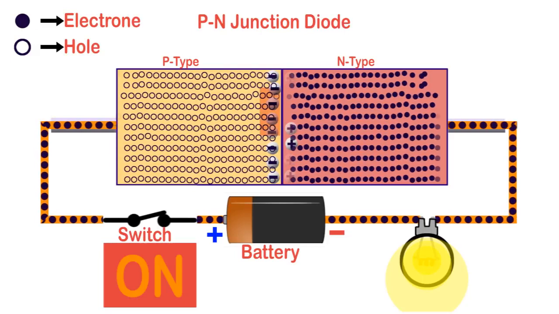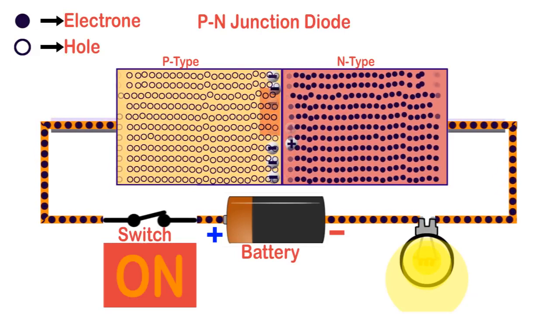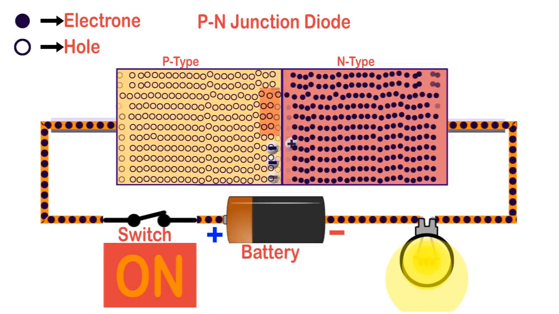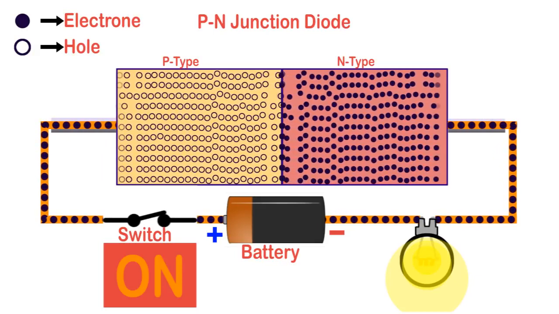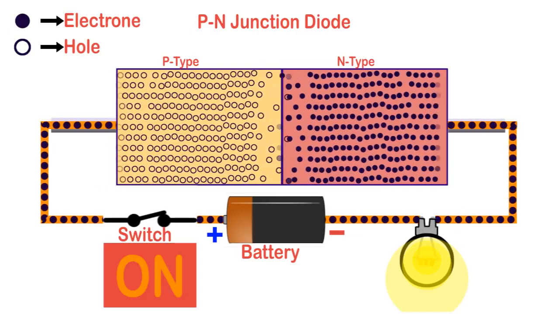Similarly, holes of the p region enter the depletion region and combine with negative ions and neutralize them. As a result, the width of the depletion layer will reduce. The potential of this barrier will also reduce due to the reduction in the width of the depletion region.